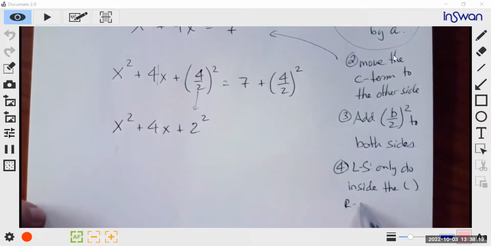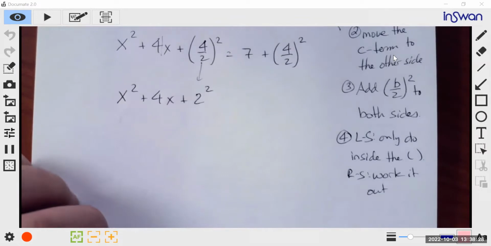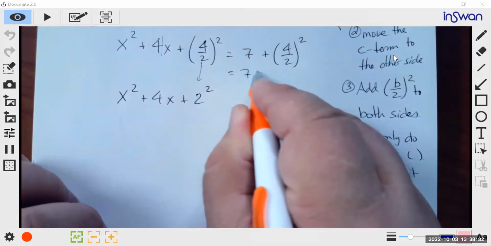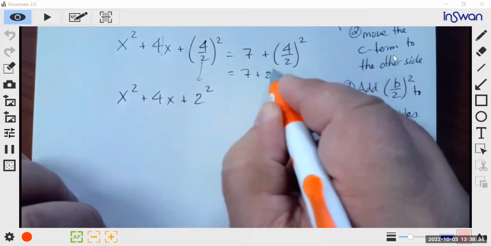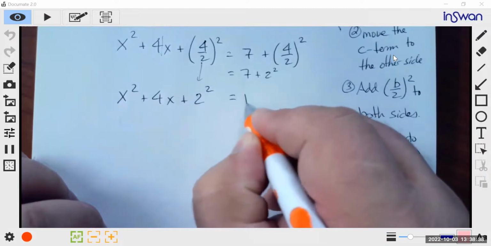The right side, work it out. 4 divided by 2 is 2. 2 squared is 4. 7 plus 4 is 11.